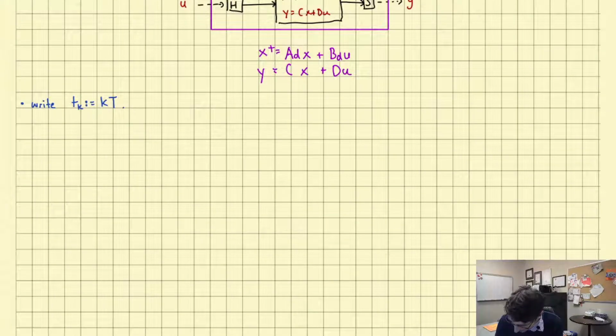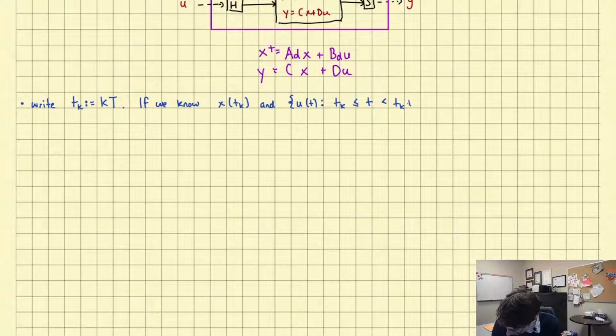And then I'm going to make the comment that if we know the state at time tk, or at sample instant k, and you know the input over a sample period, so we'll write that as tk less than or equal to t less than tk plus t, and point out that this is just tk plus 1.